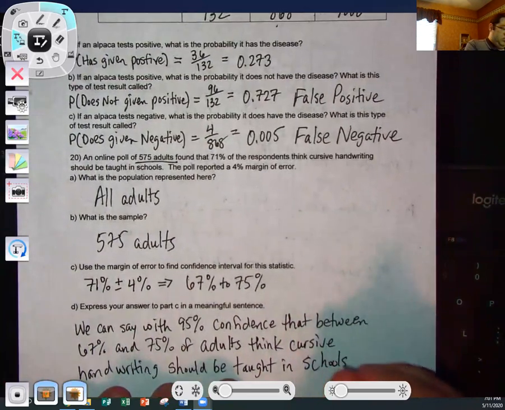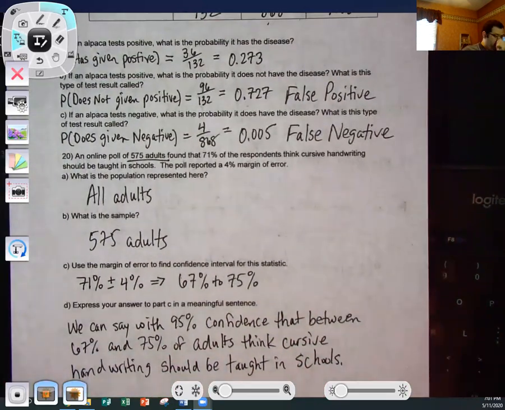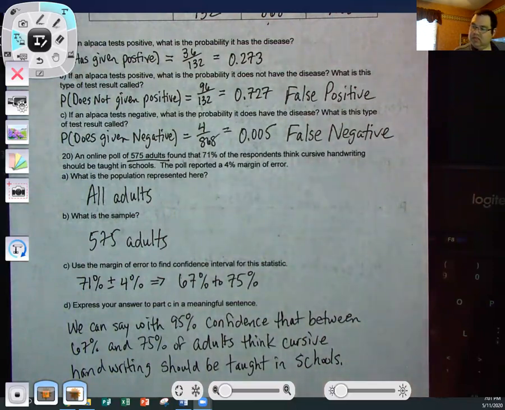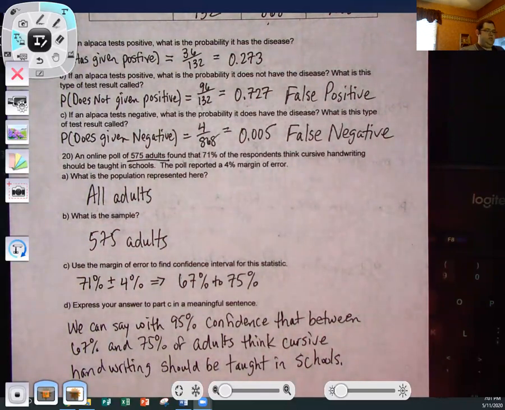So again, we can say with 95% confidence that between 67% and 75% of adults think cursive handwriting should be taught in schools. 95%, or is it 9? Yeah, 95%. Okay, good. All right, so that brings us to the end of reviewing for the test.